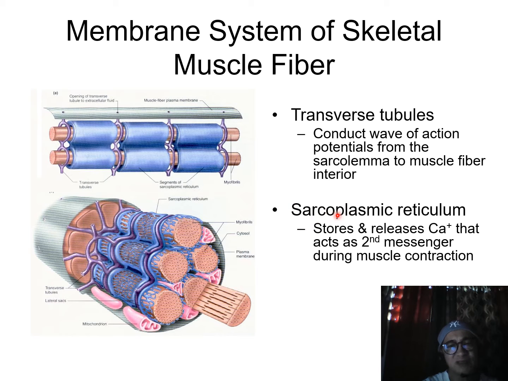Again, let me repeat, the sarcoplasmic reticulum forms a sleeve of tubular networks around the myofibrils that flank each side of the transverse tubules. And more importantly, the sarcoplasmic reticulum is a storage organelle for calcium, calcium that acts as the second messenger of muscle contraction.